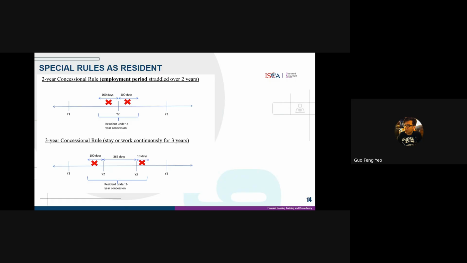However, the 3-year concessional rule allows the individual to be treated as a Singapore tax resident not only for the 2nd year, but also for the 1st and 3rd year, where the individual spends significantly less time being employed in Singapore.